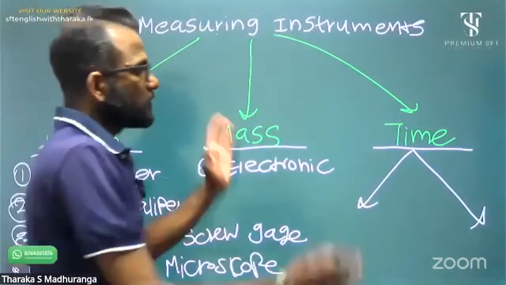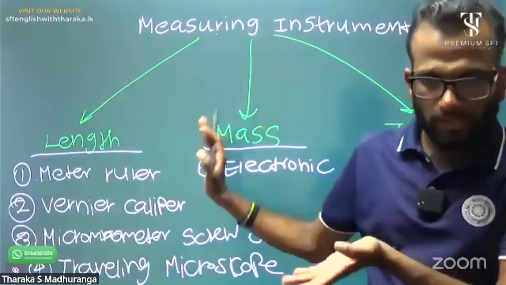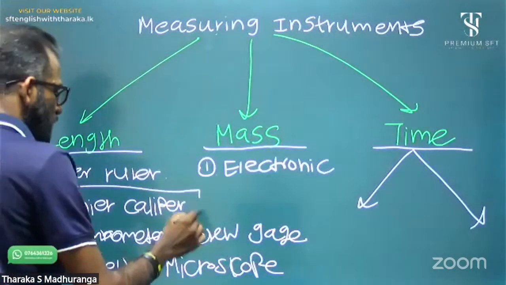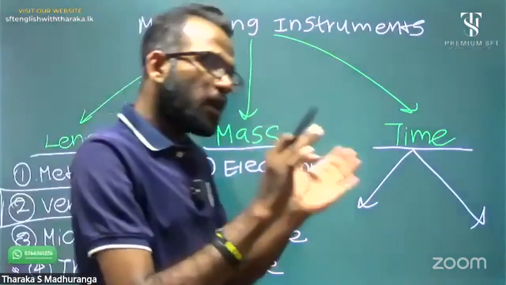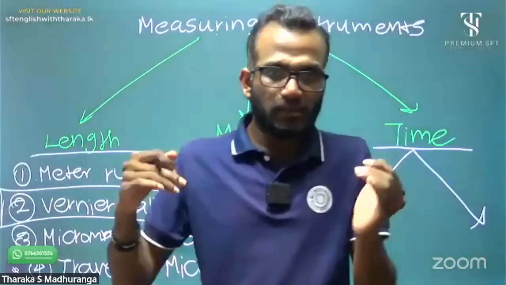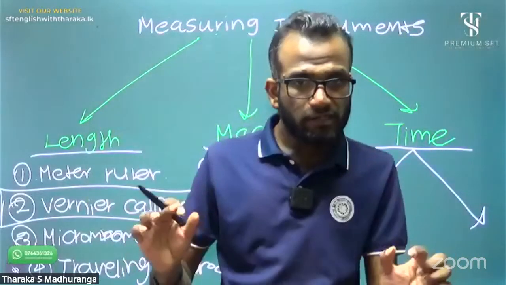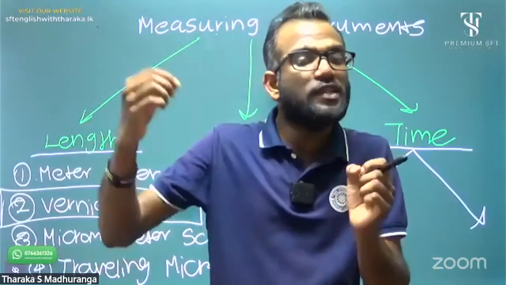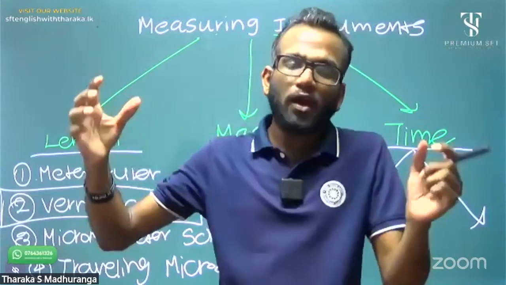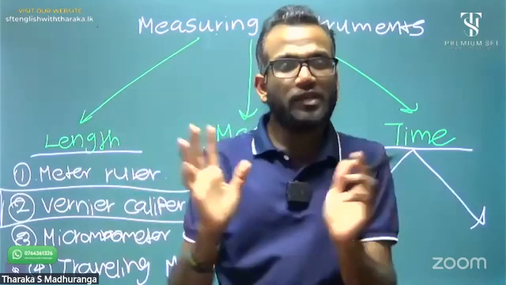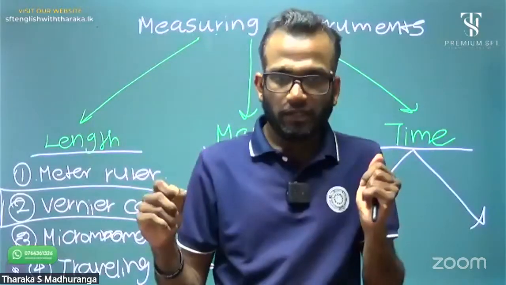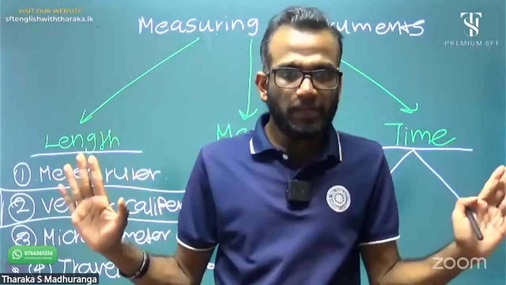We discuss all these measuring instruments the same way as the vernier caliper. Last week we discussed the parts of the vernier caliper and the function of each part, how to read measurements, how to calculate the least count, and how to identify errors, everything with practicals.